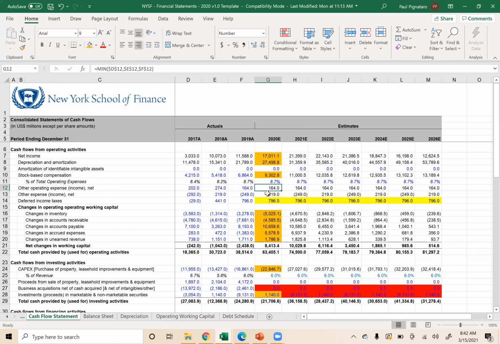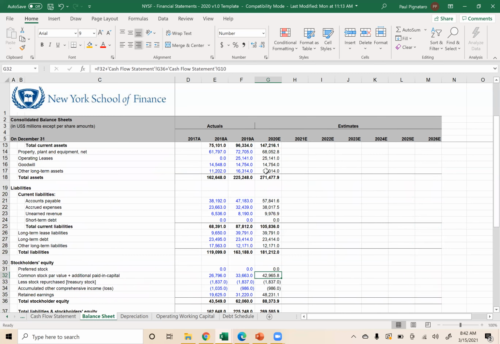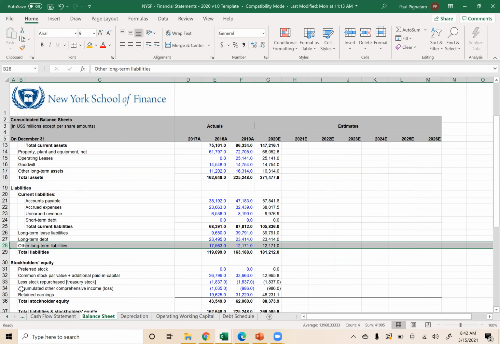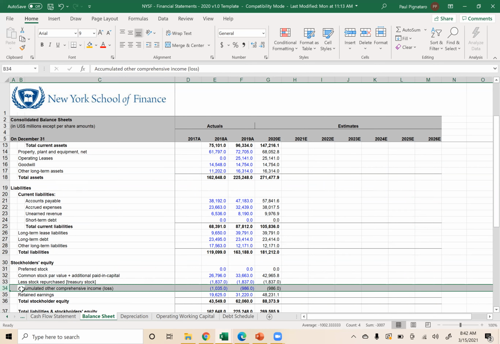So what I would think about putting them in is either an other asset, an other liability, or accumulated other comprehensive income. So at this point, when you see a lot of loose, I call them loose lingering line items, these aren't major, these aren't CapEx, depreciation, things that go into major categories.